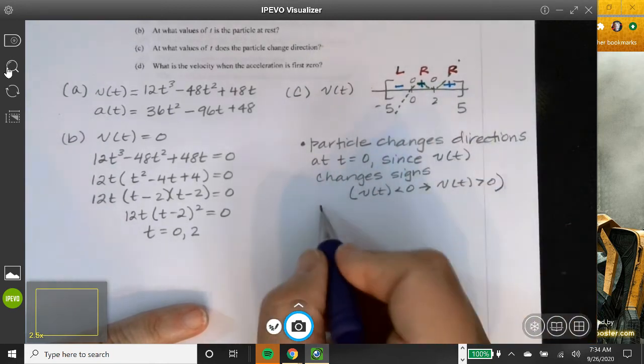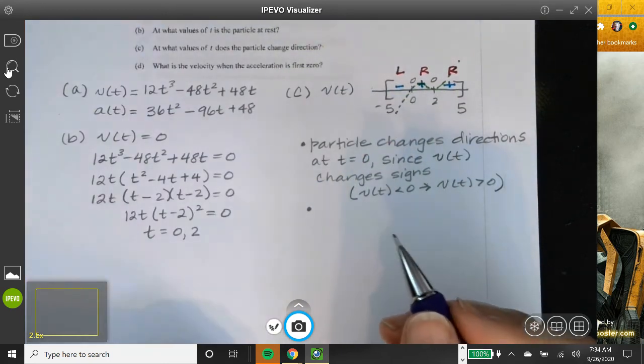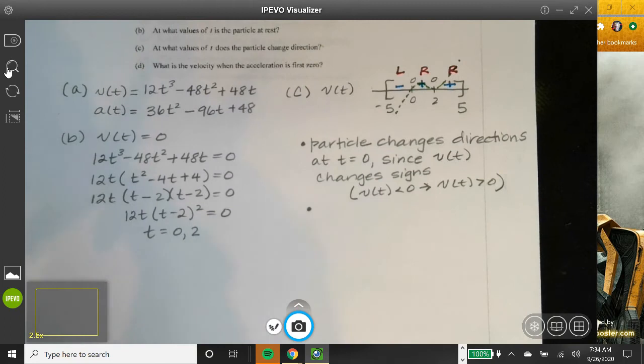Now I'm going to make a comment here. How did we know that the particle didn't change directions at 2? Well, we knew the particle didn't change directions at 2 because the signs didn't change, right?